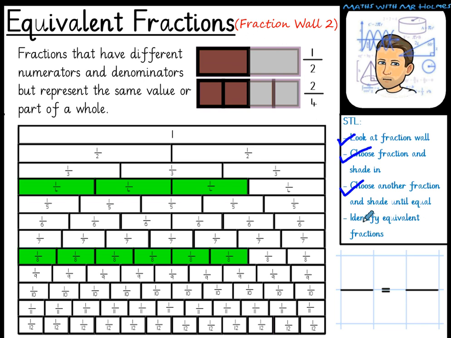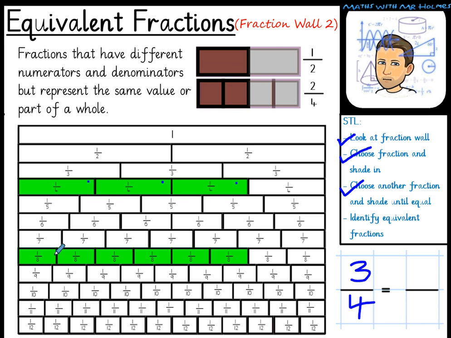On to our final step, where we identify the equivalent fractions. So our first one we looked at was quarters, and we had 1, 2, 3 of those quarters, or 3/4, 3 out of those 4 equal pieces.